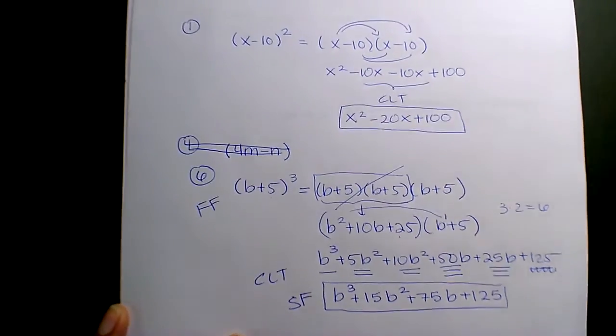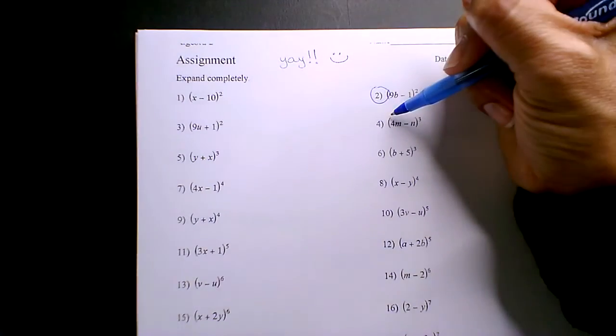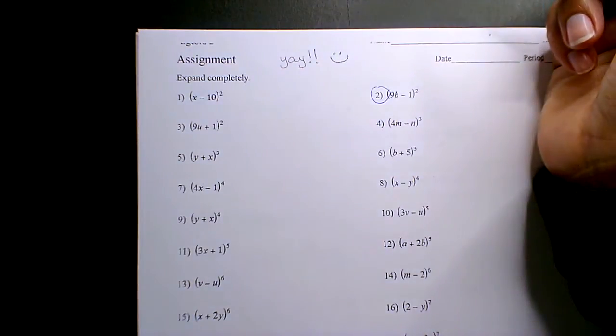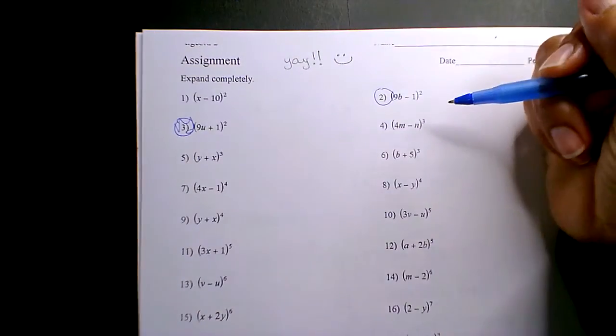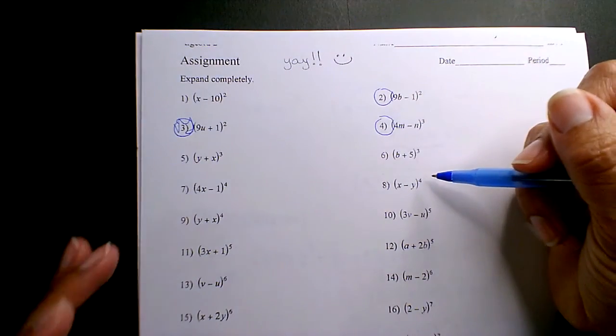So I did one, so how about you guys do 2? Do 3, oh no, that's a squared. No, I did that one. So do 4, okay, what's 5?